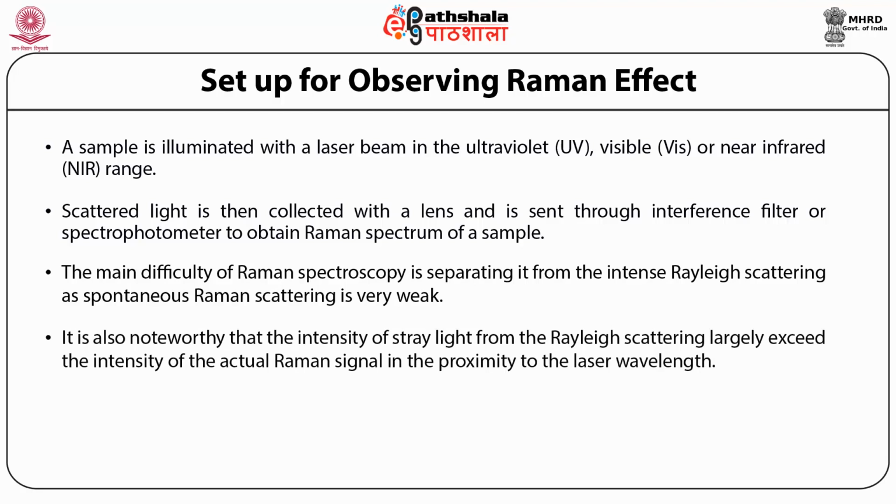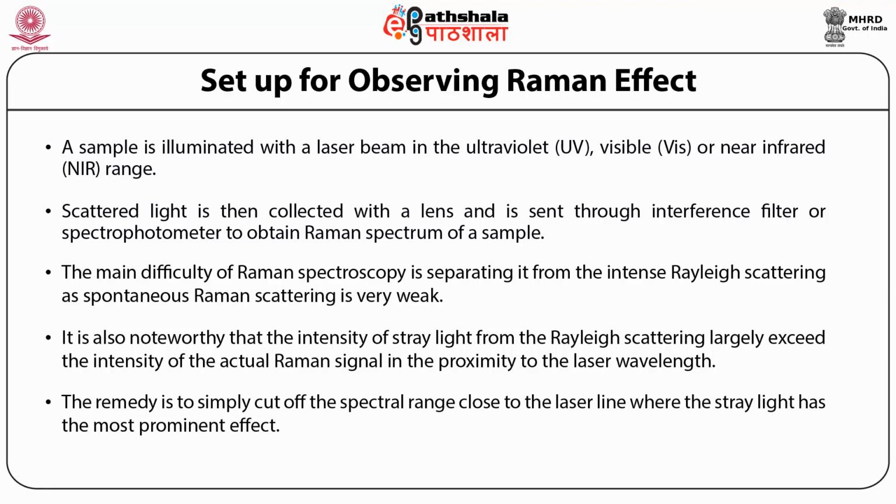It is also noteworthy that the intensity of stray light from the Rayleigh scattering largely exceeds the intensity of the actual Raman signal in the proximity of the laser wavelength. The remedy is to simply cut off the spectral range close to the laser line, where the stray light has the most prominent effect.